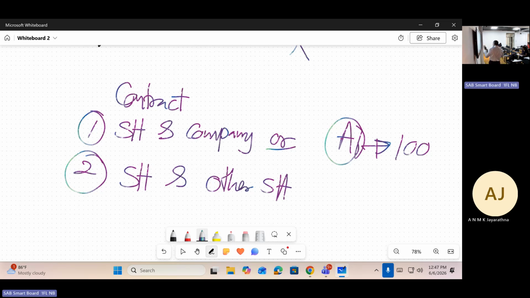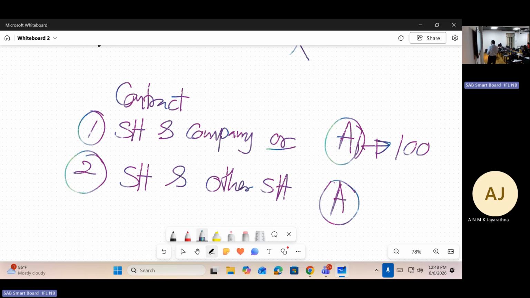And the second one, in my solution, I told, right, every shareholder has preemptive right over the shares of the other shareholders. Right now, suppose A, the shareholder, holds 100 shares.